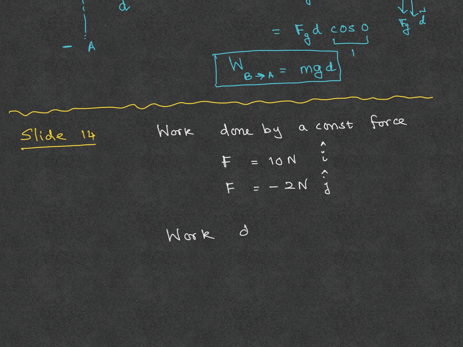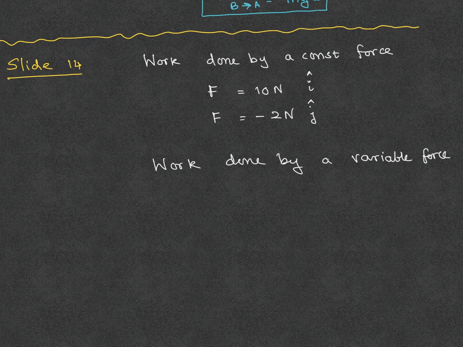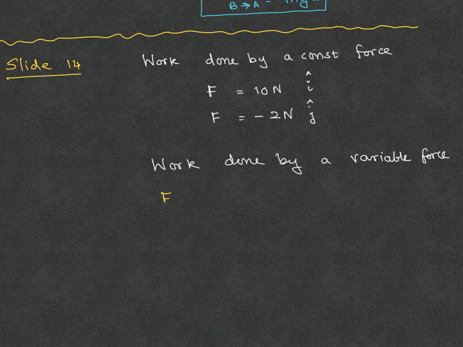Now the work done by a variable force means there you have something that is changing. It can be time, it can be distance. That is actually the case most of the time. So F as a function of x can be written as 3 times x, unit is Newton.